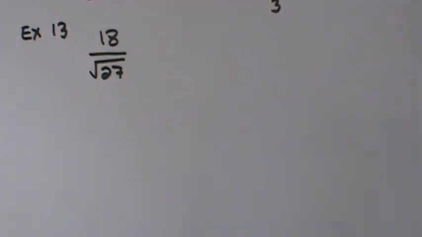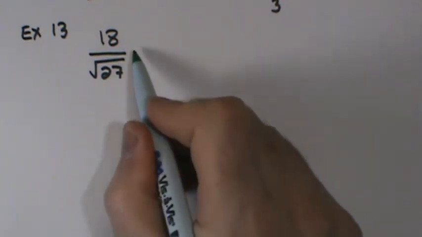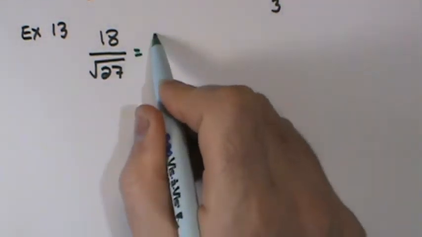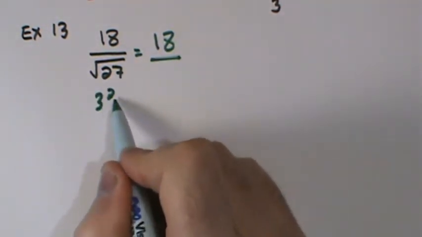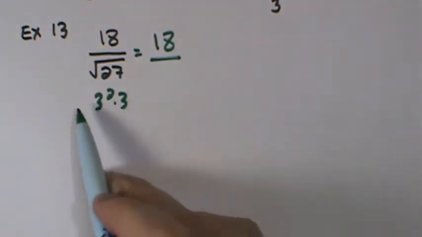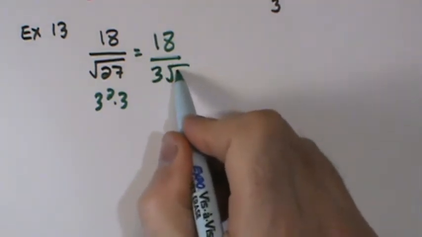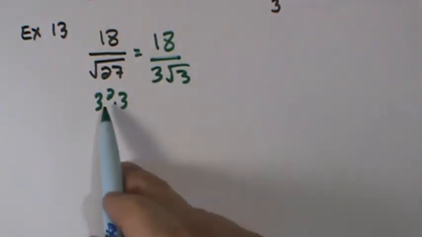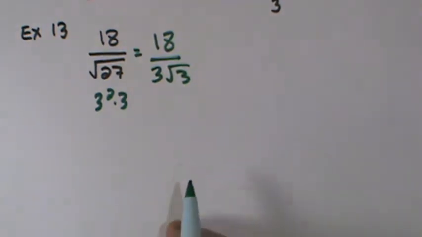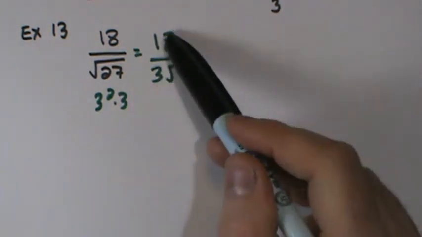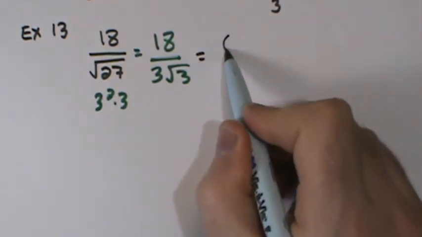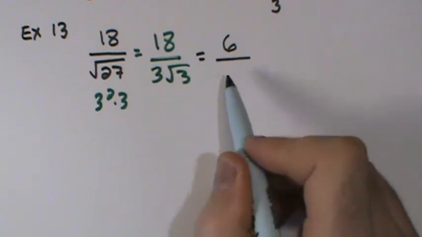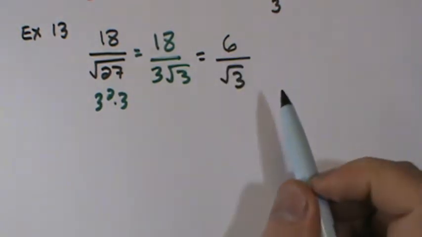So I'm going to say that this is 18 over, now 27 is 3 squared 3 under the radical, so I could bring a 3 out and leave a 3 in. Remember, when the number comes out from underneath the radical, it loses its exponent. So then when I'm looking at this, the 18 and the 3 can be reduced. I can call that 6 over 1 rad 3.